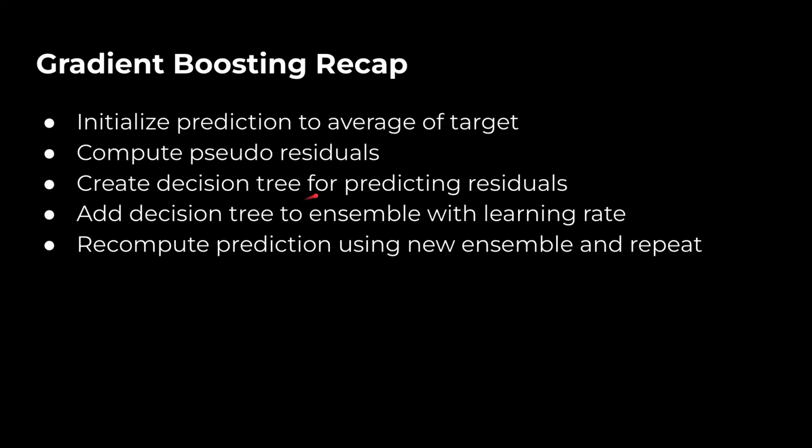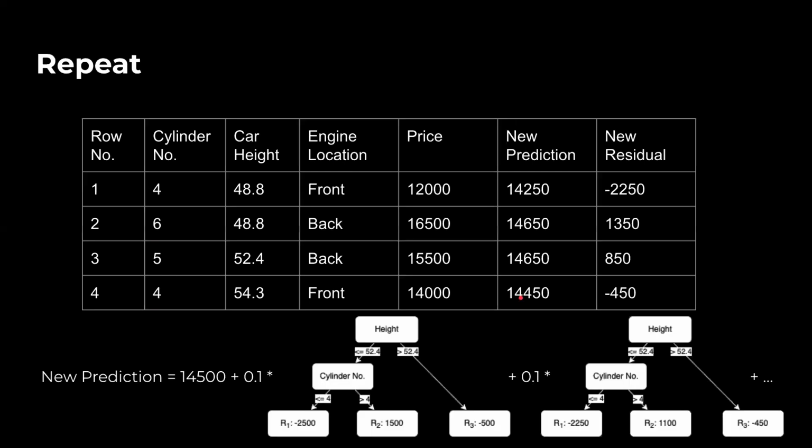And then we create a decision tree for predicting those residuals. Then we'll add that decision tree to the ensemble of models with a certain learning rate, and then we'll recompute the prediction and then repeat. So that's gradient boosting. I'll go back here and take another pause for any questions.